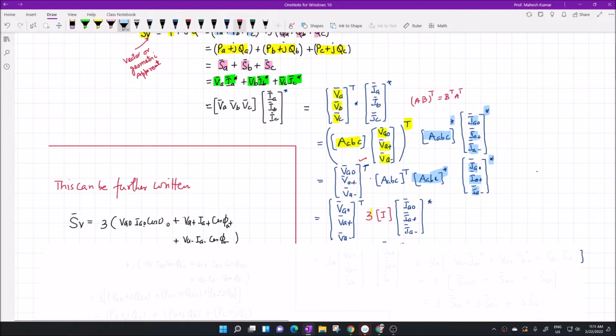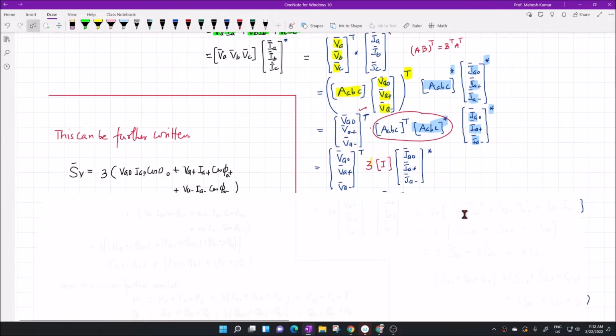Now if you solve this part of the matrix multiplication, you will see that this multiplication comes out to be 3 into the identity matrix. You need to solve it yourself to verify the results I have presented here.